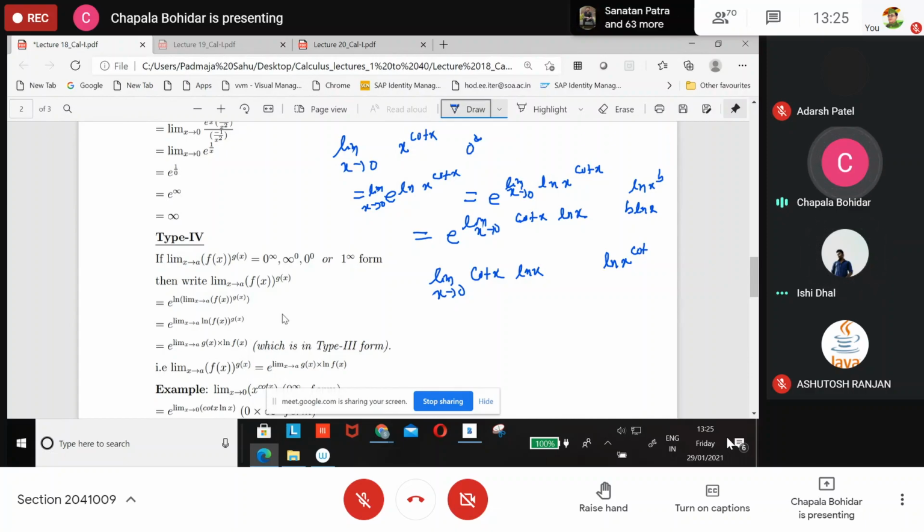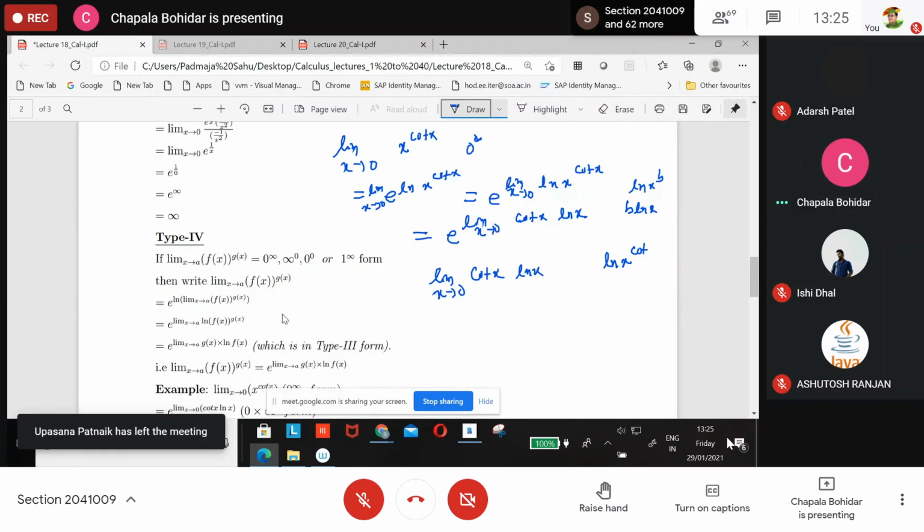Cot x, when x tends to 0, is infinity. And ln x, when x tends to 0, is undefined, because as x tends to 0 plus it is going to negative values. So you will say undefined.